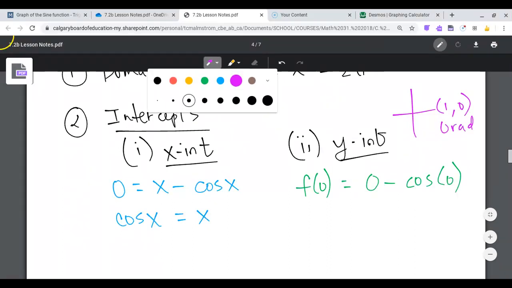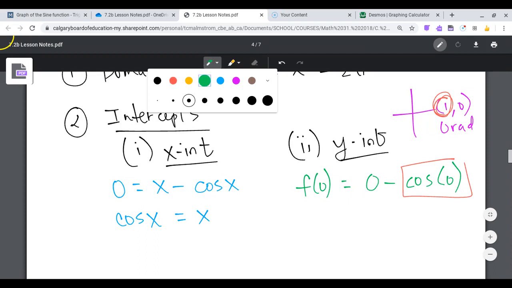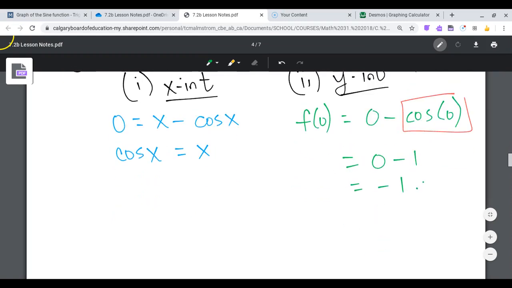And because I'm working with the cos function, I want the x, okay? So that means that cos at 0 radians is 1. So 0 minus 1 tells me I have a y-intercept at negative 1. Okay, so at least I found 1 point. So this is (0, negative 1). I know something. That's wonderful.